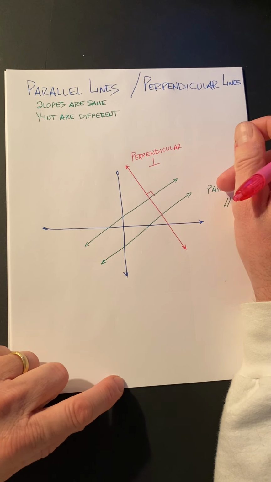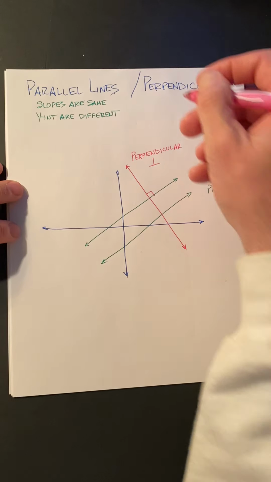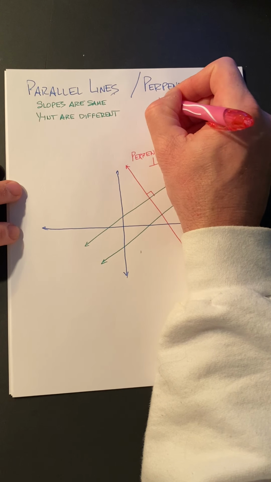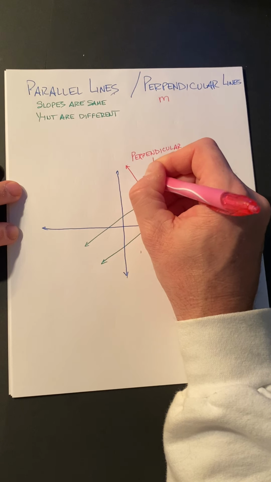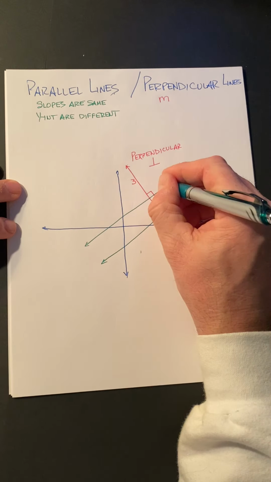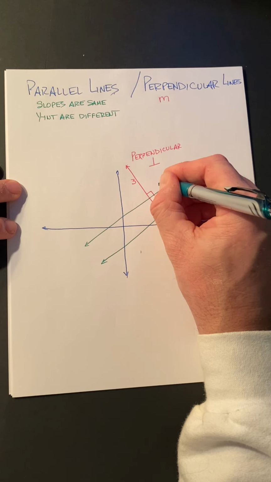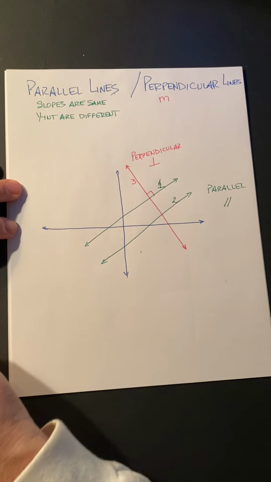And you're going to see the symbol used for perpendicular lines. So when I'm talking about perpendicular lines, the slopes, if I'm going to call this line M3, this guy was line 1, and this was line 2, all right?